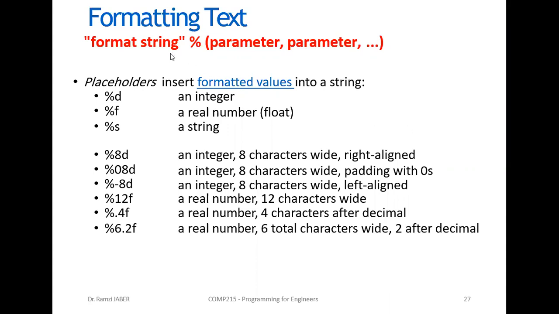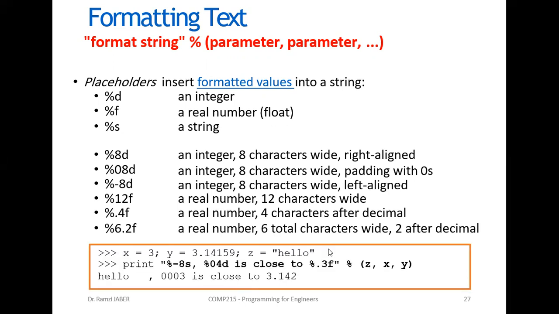Also, we have another optional format: a string between quotation marks, percentage, your parameter, a placeholder as in C and Java. %d for integer, %f for float number, %s for string, %8d gives 8 characters wide, %-8 left aligned, and so on and so on.